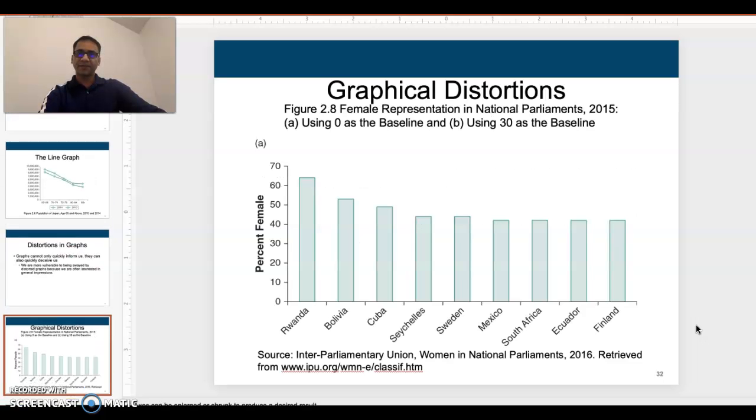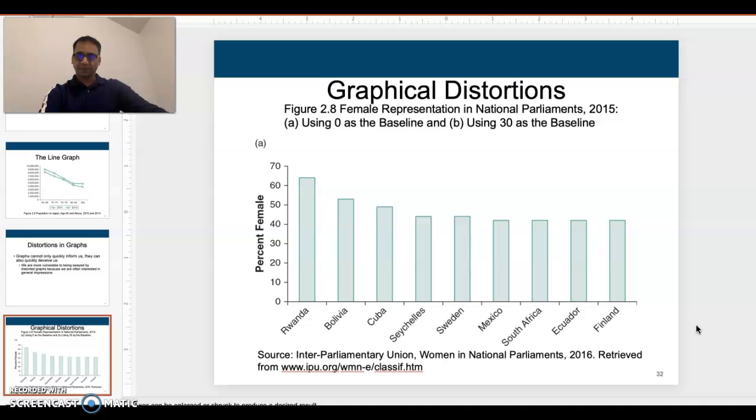So in this example of graphs, you can see the female representation in national parliament in 2015. For different countries, you can see what percent of the parliament is female.